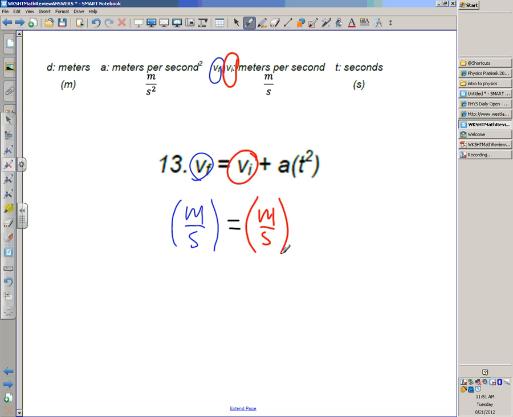So I'm going to plug that in where it says VI. Plus. That's just part of the equation. Okay. Next, A, acceleration. I look up here, and acceleration is measured in meters per second squared. So where it says A in this, I'm going to plug in meters over second squared.